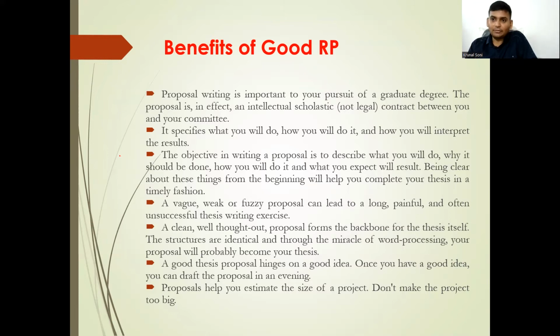If you are clear on these parameters, definitely nobody can stop you from reaching your goal, to submit your thesis in a timely manner, with no delay, and efficiently proving the results that you want to achieve out of your study. That is one of the most important requirements for all researchers: to have clarity on what, why, when, how. All these things should be very clear if you are going for any research.